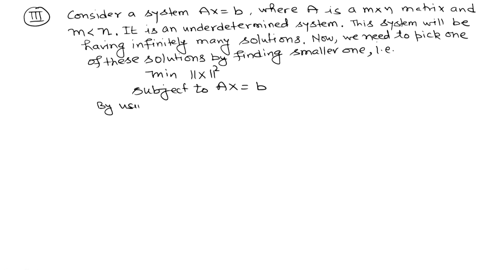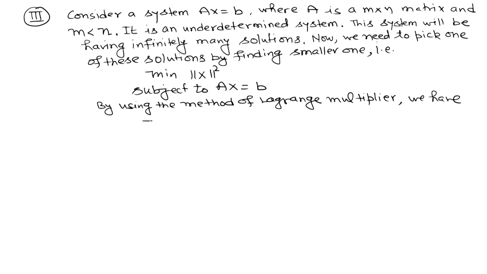By using the method of Lagrange multiplier, we have our Lagrangian as E equals to norm of x square plus lambda transpose into (b minus Ax).